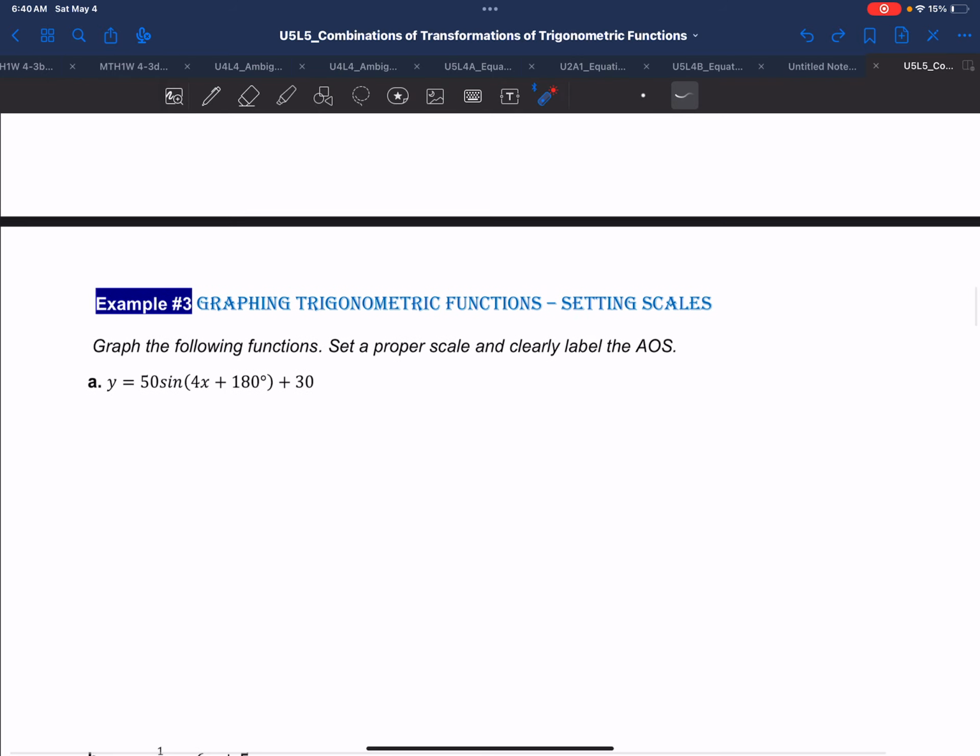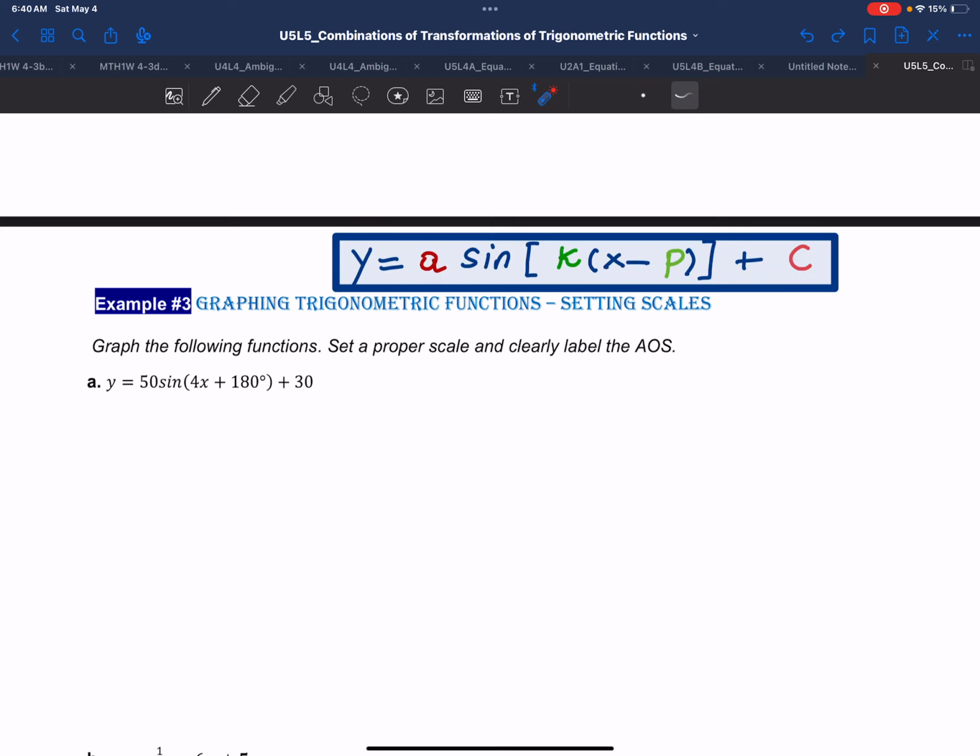So we have in here y equals 50 sine 4x plus 180 degrees plus 30, which we must bring in the form a sine k times the quantity x minus p, plus c. So in other words, we have to start off by factoring out the coefficient k. This is very important, one of the easiest mistakes to make.